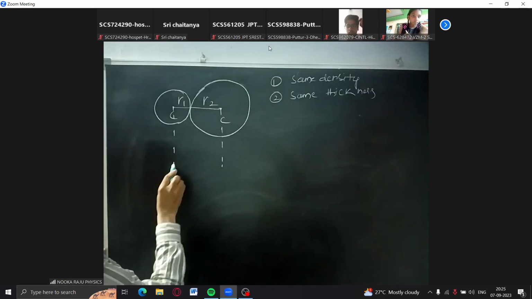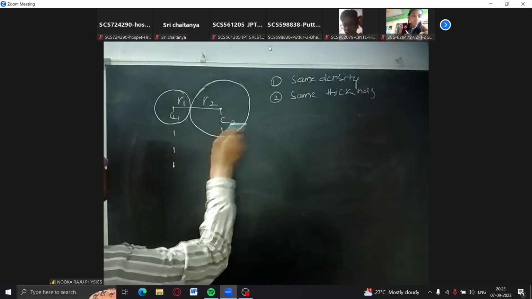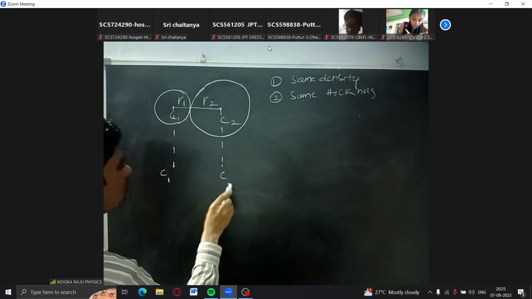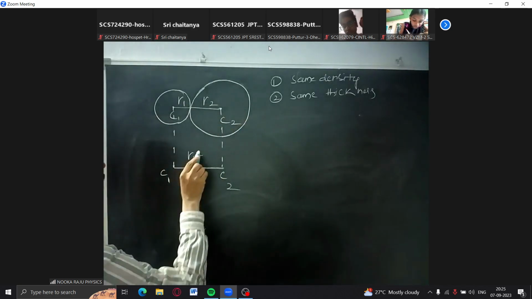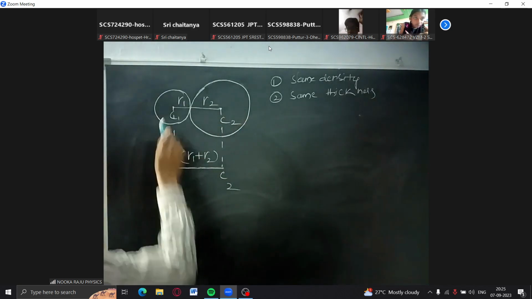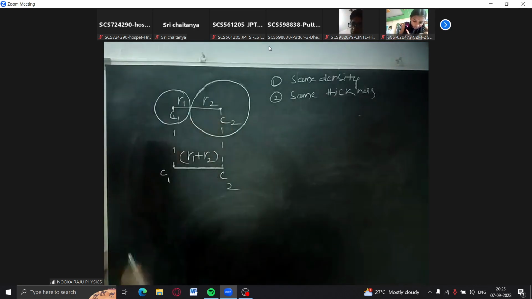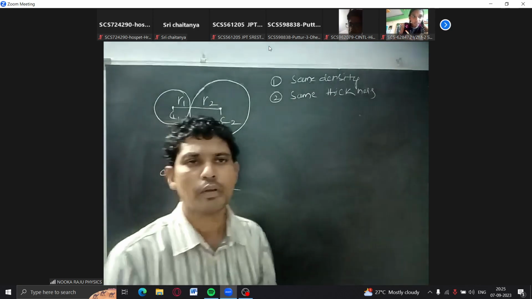Let us consider these points named C1 and C2. So what is the total distance from this center to this center, C1 to C2? R1 plus R2.